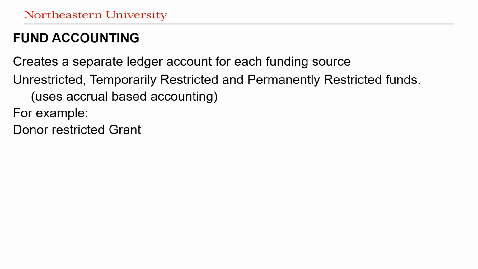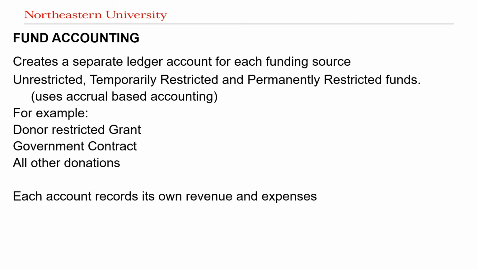So, for example, you might have a donor having made a restricted grant that can only be used for a certain purpose. Or you may have a government contract or multiple contracts, each to perform certain specific services. You may have all other donations that are available for any use, unrestricted funds.